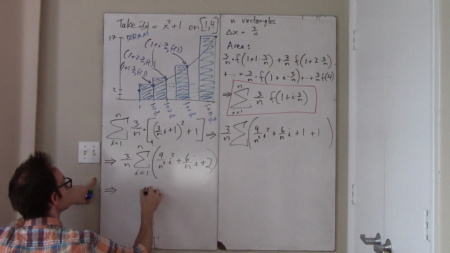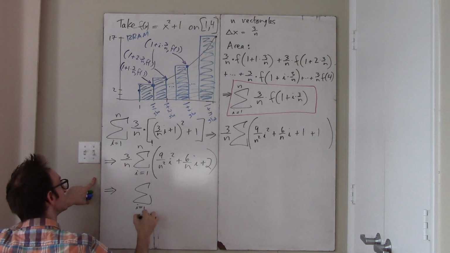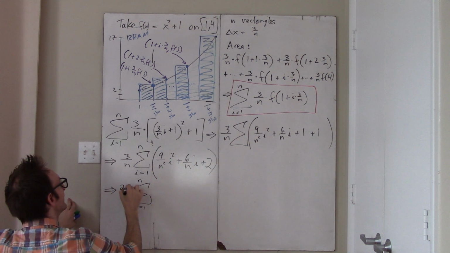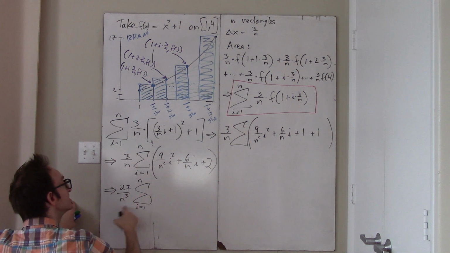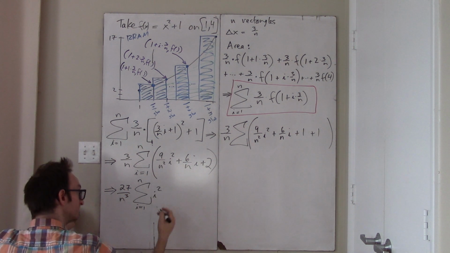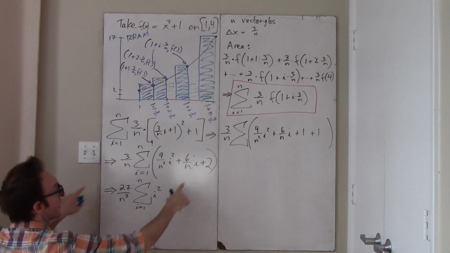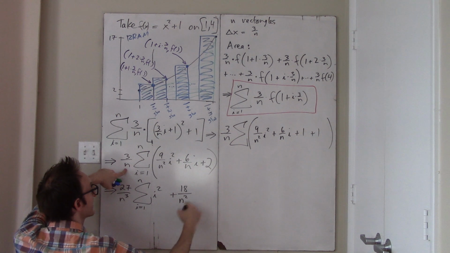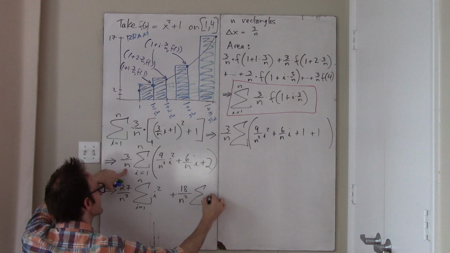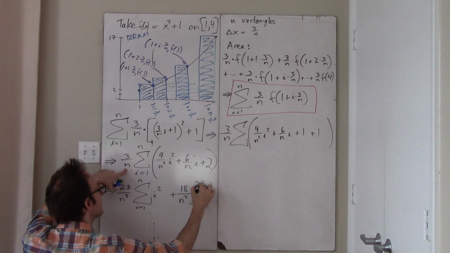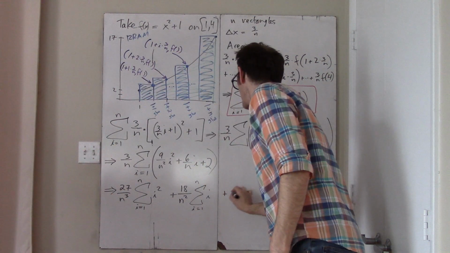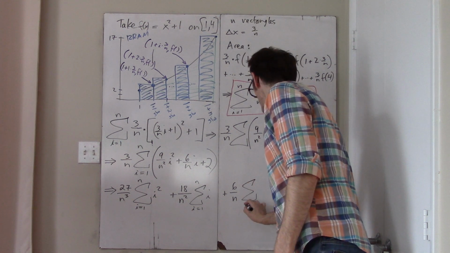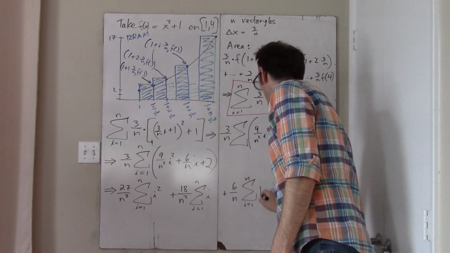So this is going to be the sum from i equals 1 to n of, really that's like 27 over n cubed times i squared, plus, really that's like 18 over n squared times the sum of the i's, and that's really like 6 over n times the sum from i equals 1 to n of just 1.